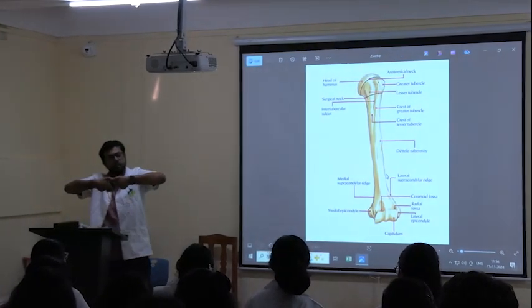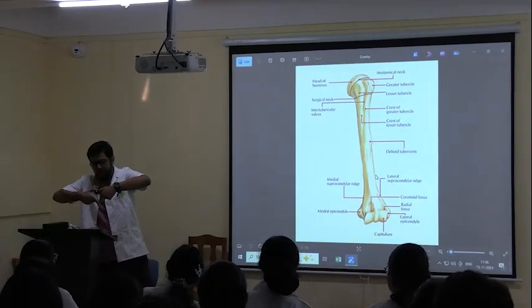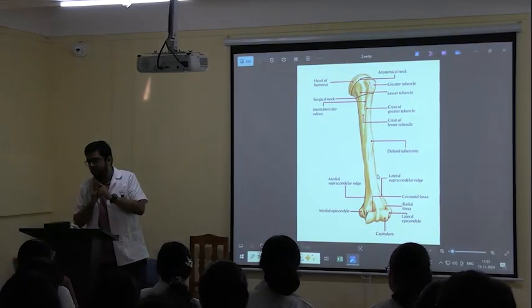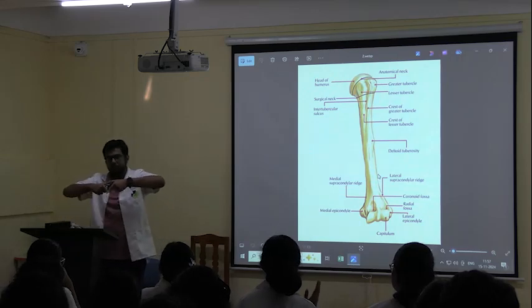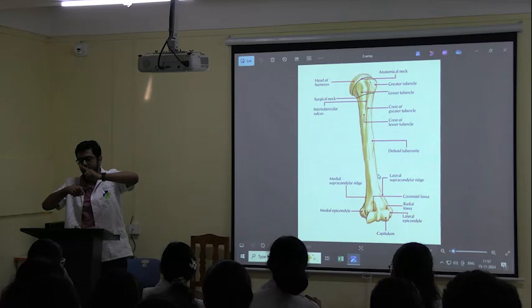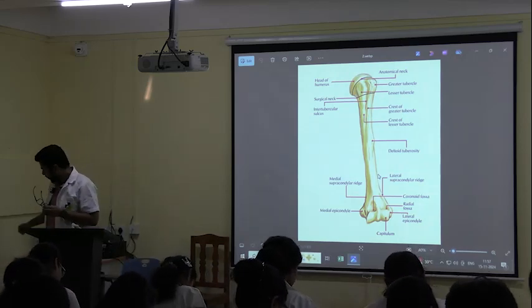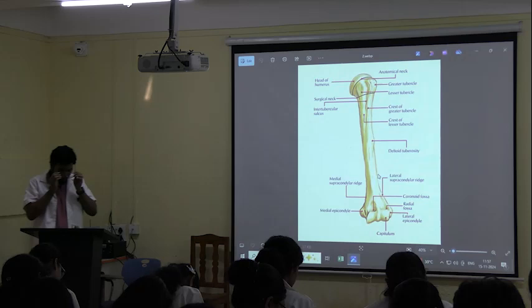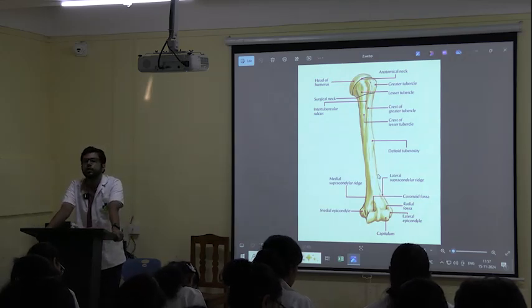This surface will be, what do you think? Like this. I am keeping it like this. What will be this surface? Yes. And this surface, yes, anteromedial and anterolateral. Write it down. There are three surface. Anteromedial. Anteromedial is between which borders?